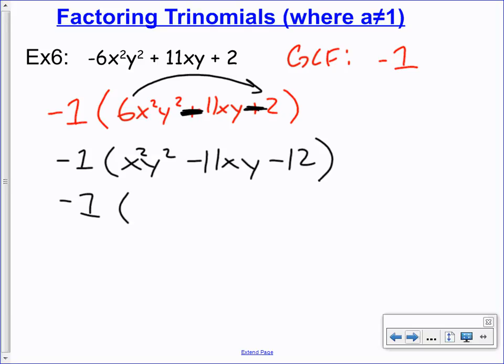I forgot to do squares. So xy squared is xy. What multiplies to 12 and adds to negative 11? It's 12 and 1, so minus 12 plus 1. Right.